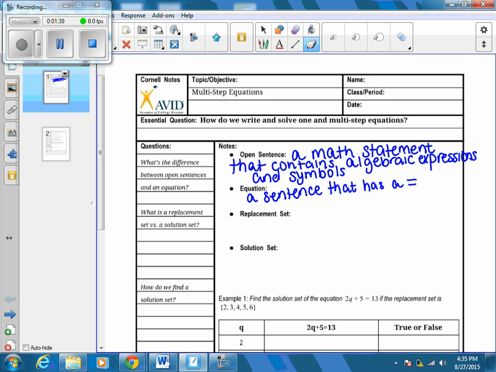Next it says a replacement set. So this may be somewhat new, but a replacement set is a set of numbers from which replacements for a variable may be chosen.